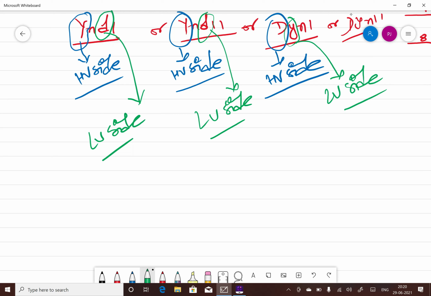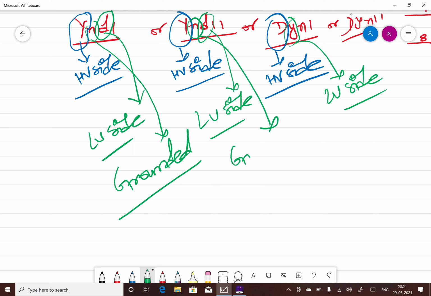Then comes this N. N means grounded. So anywhere this N appears, it means it is grounded.